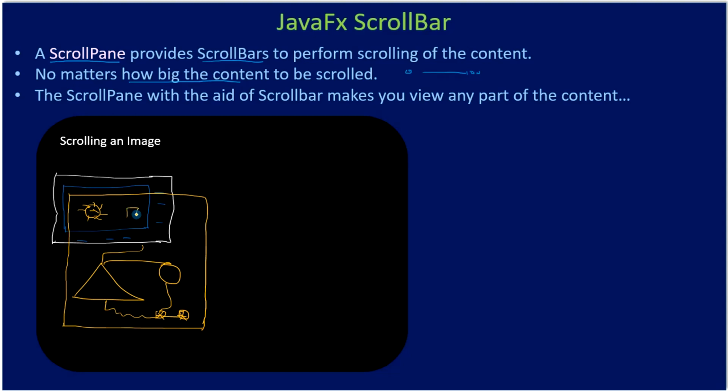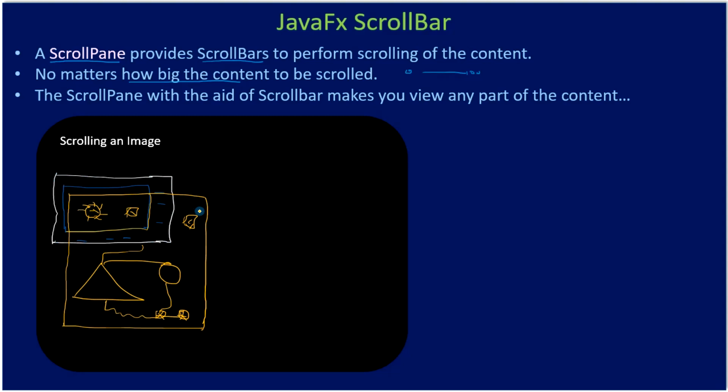So let's state that this is an image file, and if you see here inside the ScrollPane you are viewing a portion of a document. So you are seeing only a portion of the document, but the yellow region, so this is an image, and if you see, this image cannot fit in a stage as well.